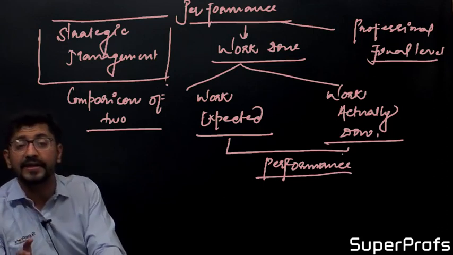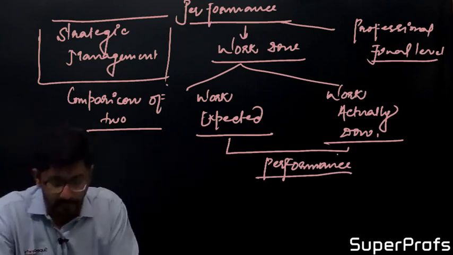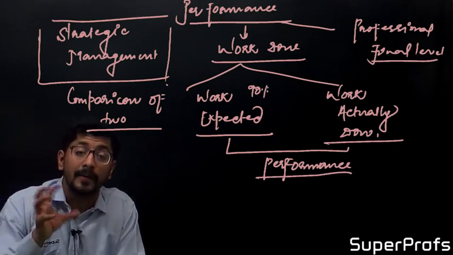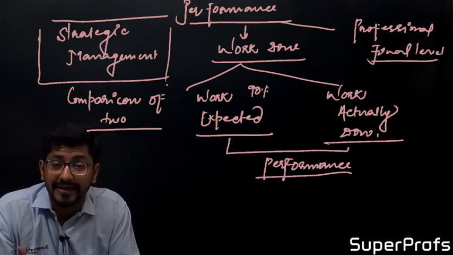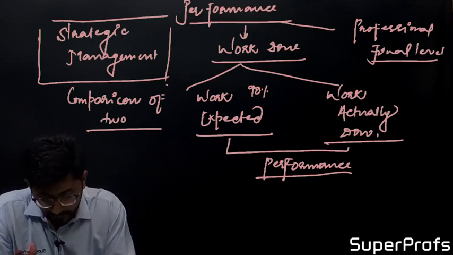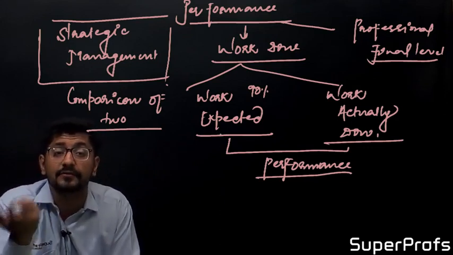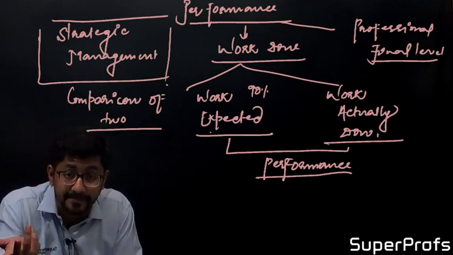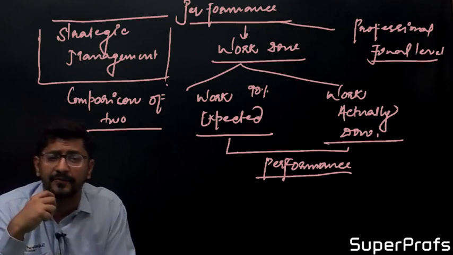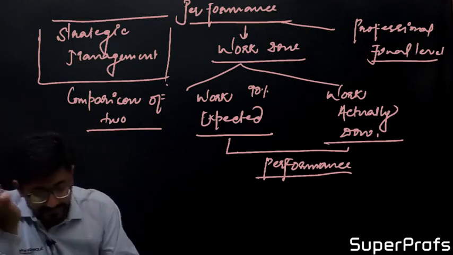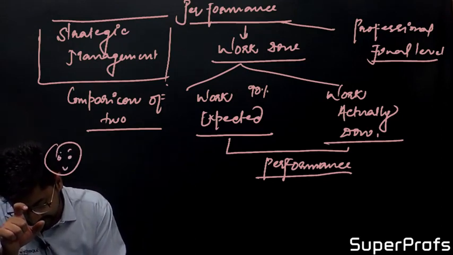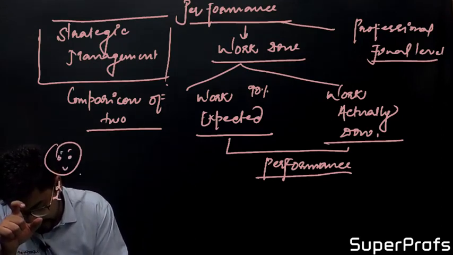For example, in your childhood, your parents expected 90% from you in class 10th or 12th, but you may not actually perform as per the work expected. Some students perform more than the work expected. So many performance ratings are given. Suppose this is a student named Sonu.